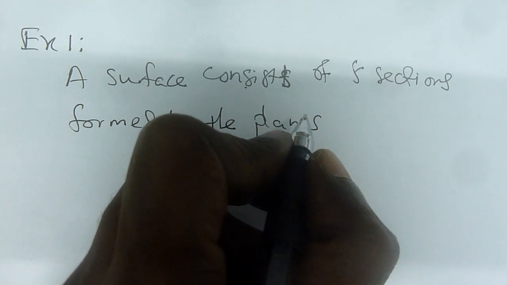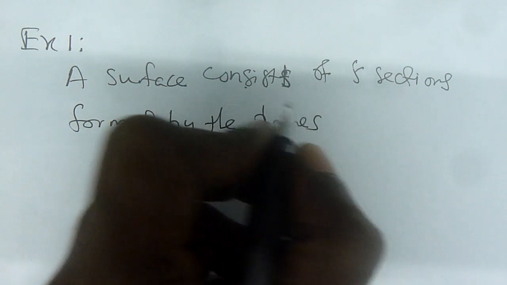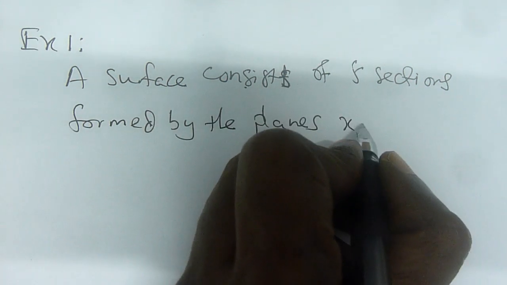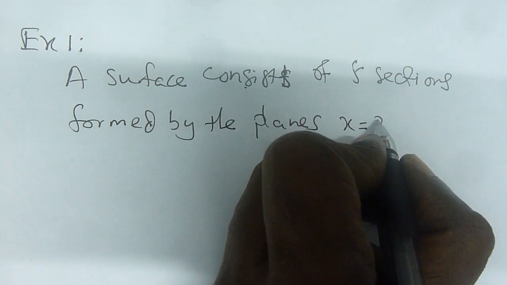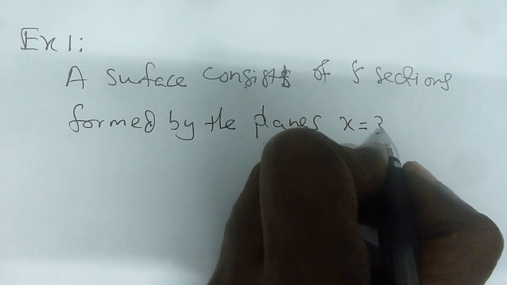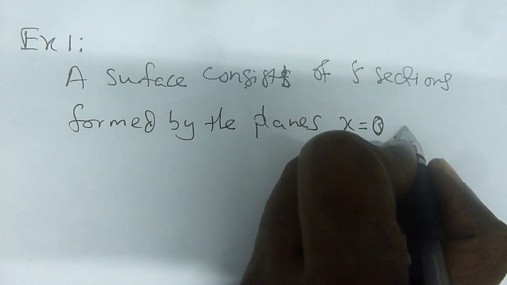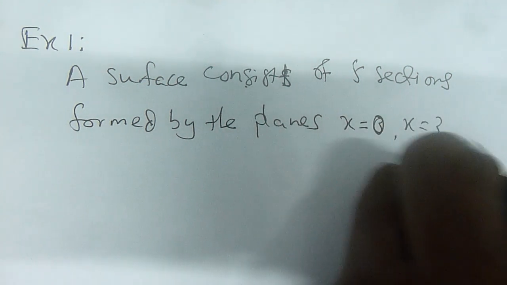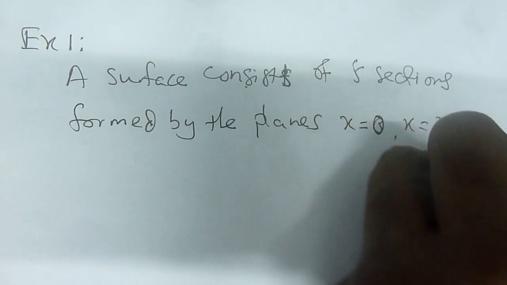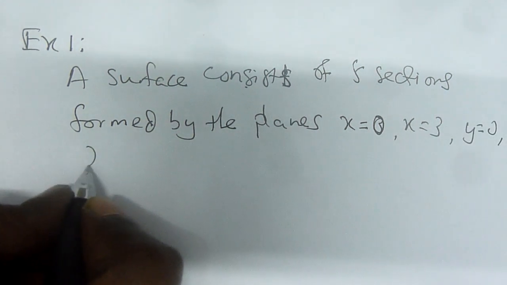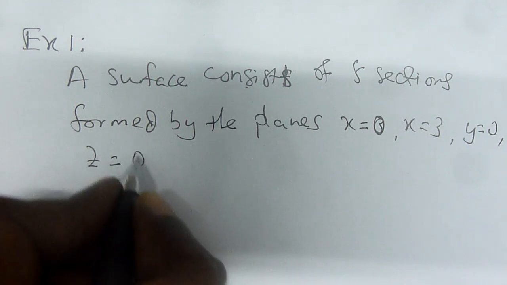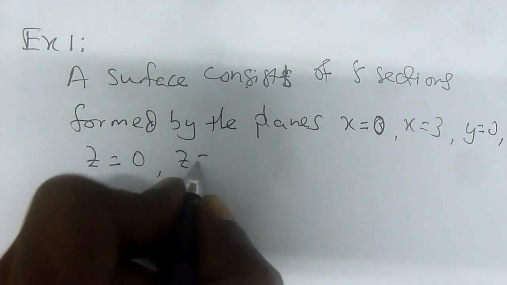Okay, formed by the planes x equals 0 and 3, y equals 0 and 2, z equals 0 and 4.